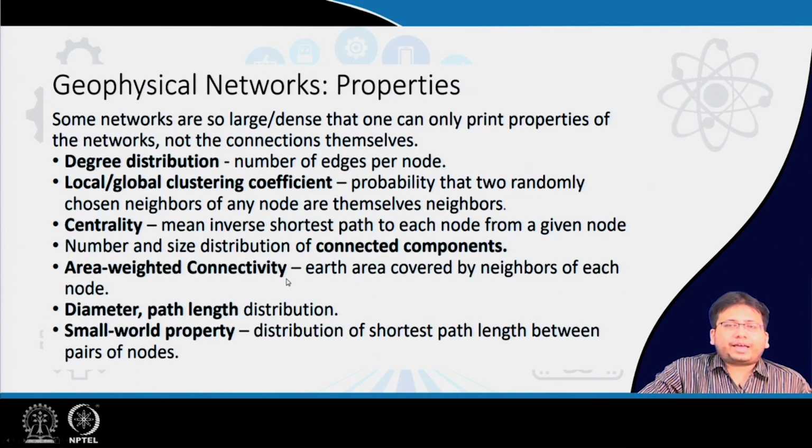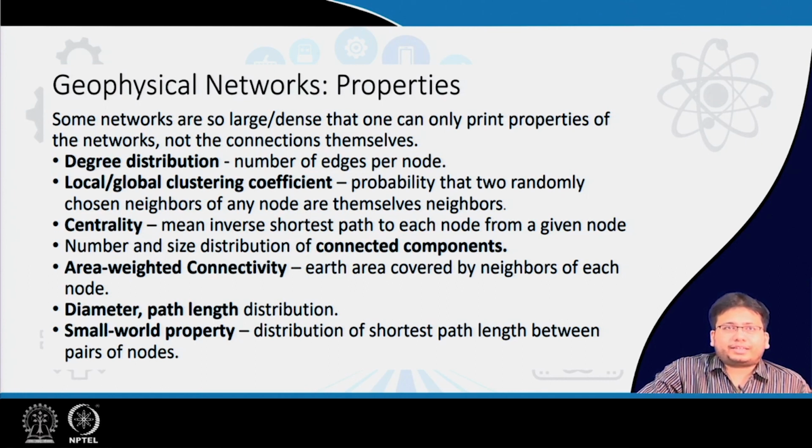Now, when we have a geophysical network like this, we may also be interested in various properties of the network. Say for example, the degree distribution, that is the number of edges per node, or the local or global clustering coefficients. This is basically to see whether some kind of community structure is present in the network or not.